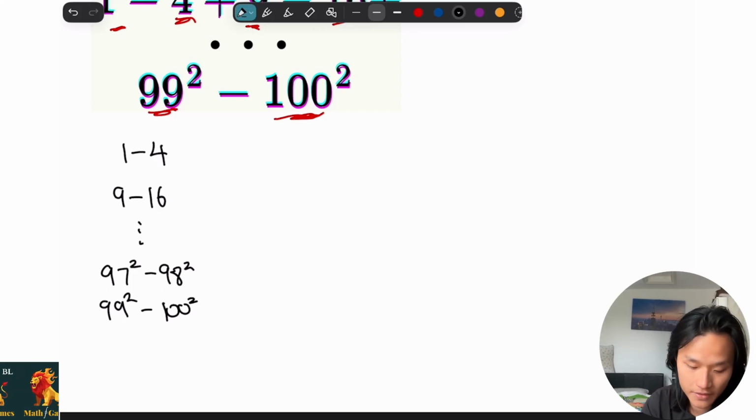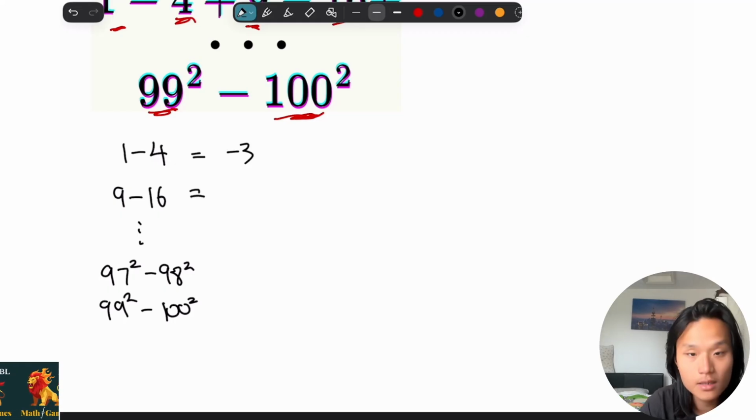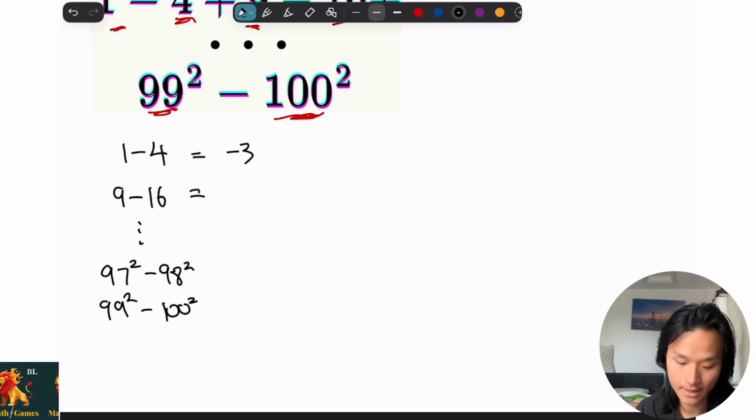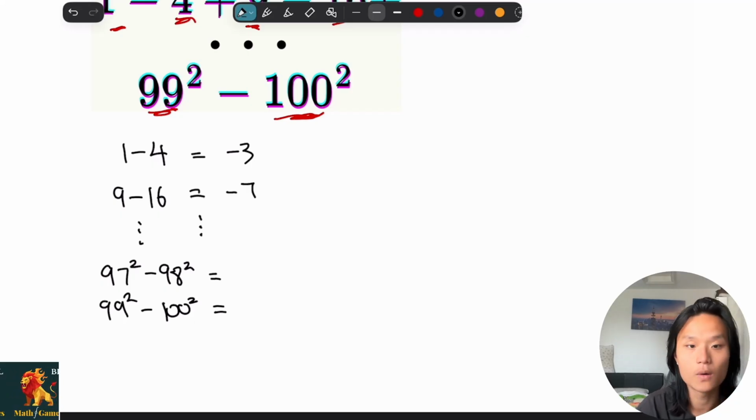So 1 minus 4, that's easy to find out, that's just minus 3. And then 9 minus 16, that is minus 7. Now what about these two sums? So these are quite big numbers.